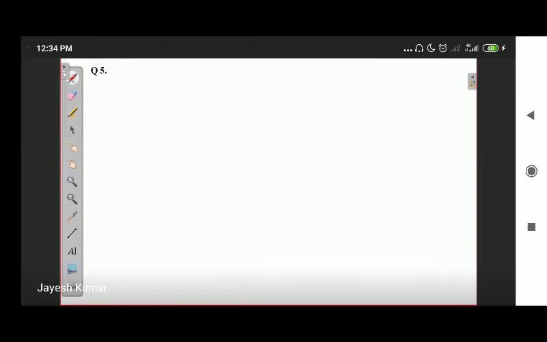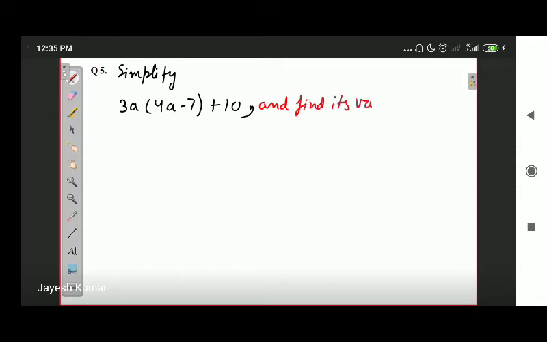Next is question number 5. Okay, so let's see how to solve question number 5. In question number 5 you have to simplify 3a(4a minus 7) plus 10, and after that we have to find its value at a equals 1 by 2.